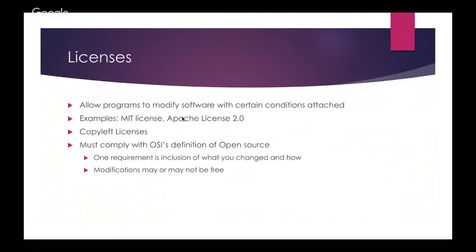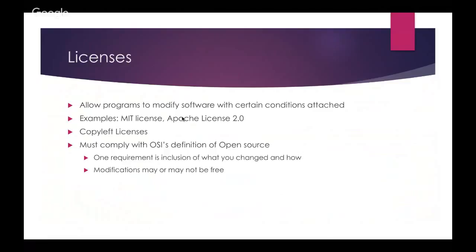Copyleft licenses require that all modified and extended versions of the program must be free as well. So if somebody changes the source code of the software in any way, under a copyleft license, they must redistribute their new product free as well.